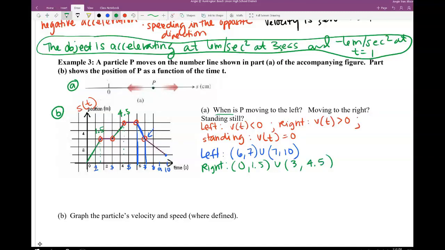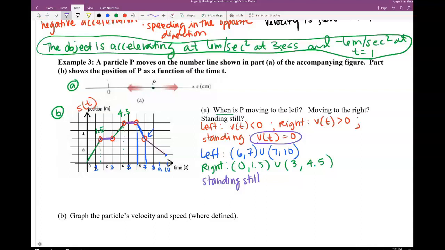Now, when is it standing still? So standing still, let me use a different color. Okay, so standing still. Okay, keep in mind standing still is when the velocity is 0. That means the slope is 0. So the slope is 0. It's right there. Can you see that? And right there.